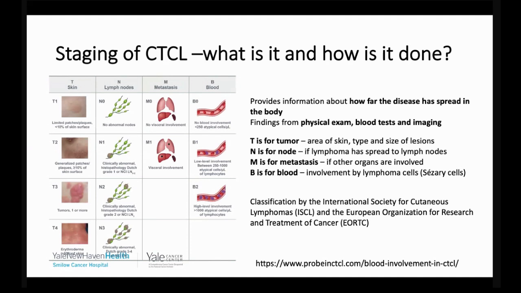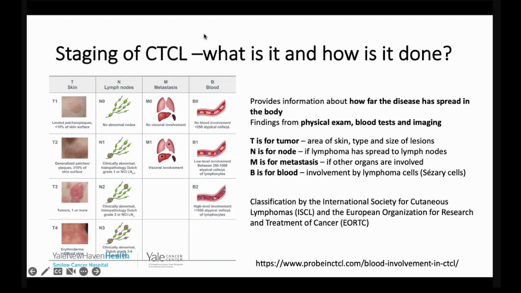So starting with the staging of CTCL, what is it and how do we perform the staging? Staging provides information about how far the disease has spread in the body. And we do this by doing a physical exam, some blood tests, as well as imaging. The staging classification for CTCL is called the TNMB staging classification.